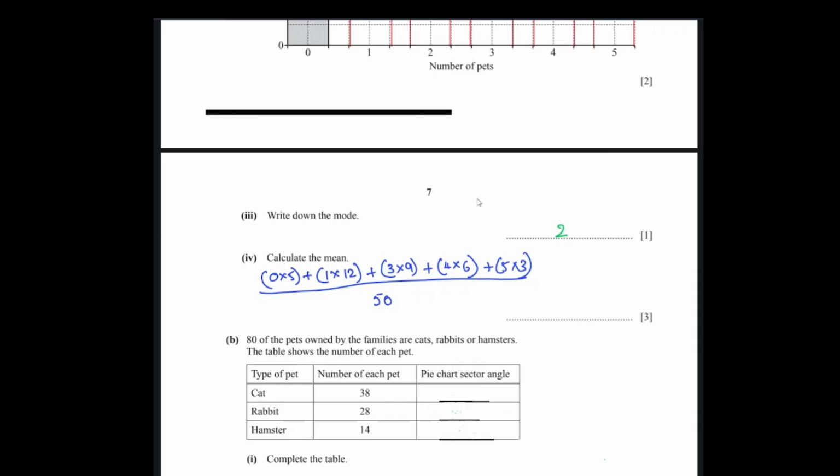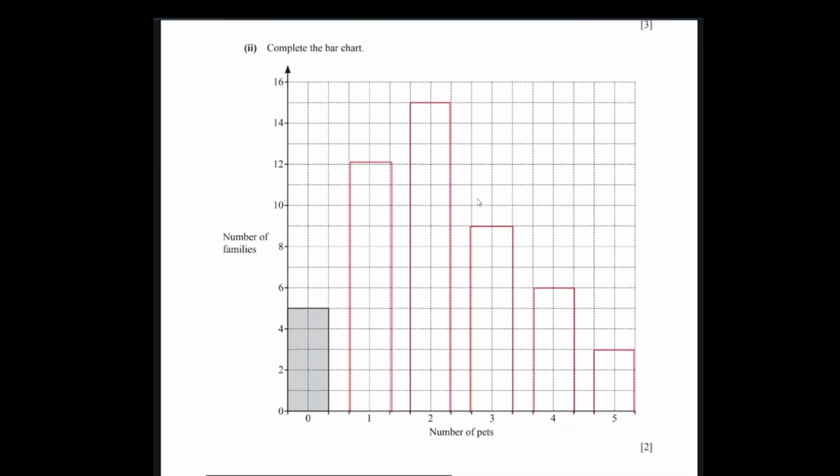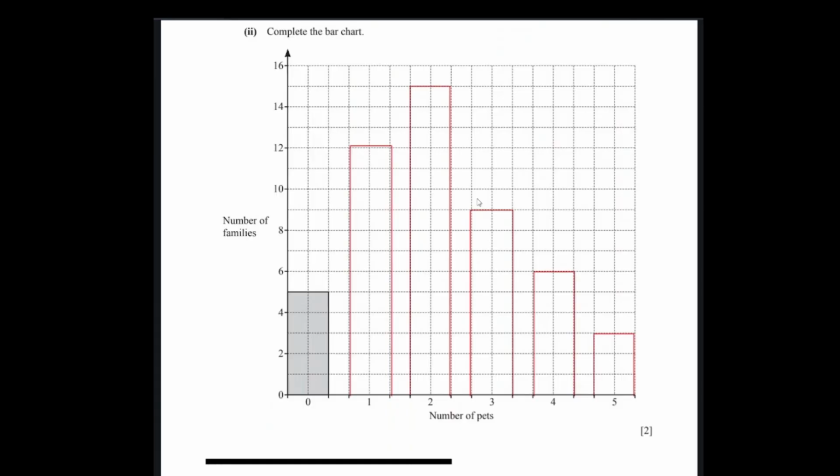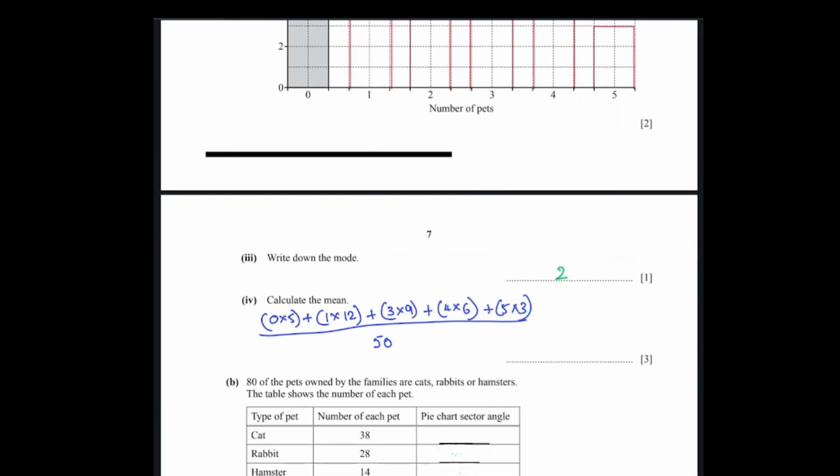Okay, let me check. 1 into 12. Oh, I missed out 2 into 15. I missed out. Okay. So 2 into 15 plus 3 into 9 plus 4 into 6 plus 5 into 3.